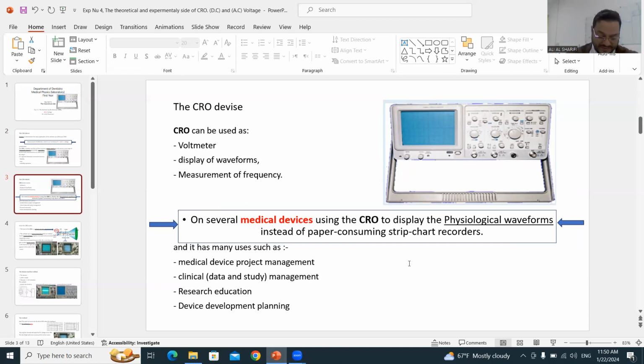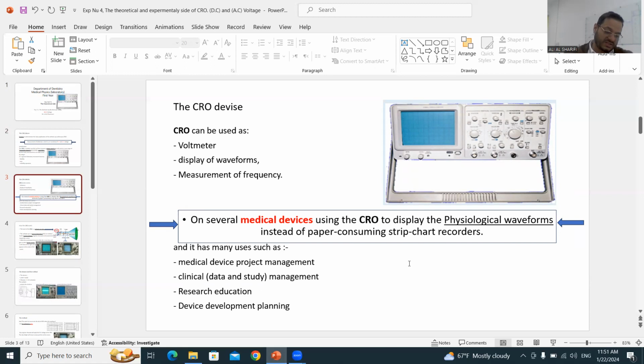Now let's talk about why we take it in the electricity department. Because here we have some link in general with the medical department. Actually, several medical devices use the CRO to display physiological waveforms.